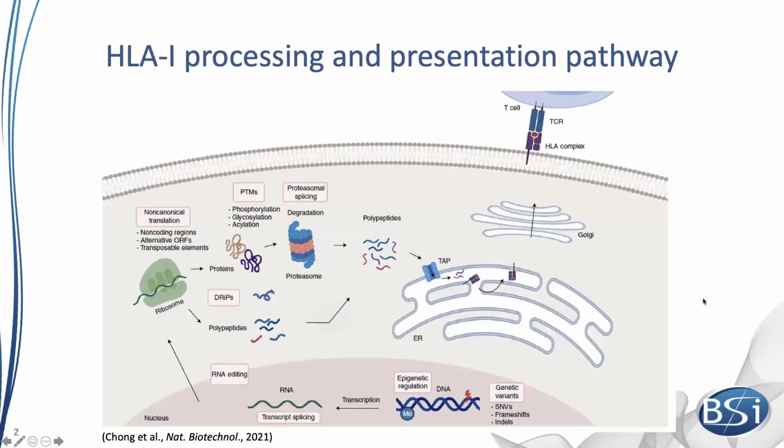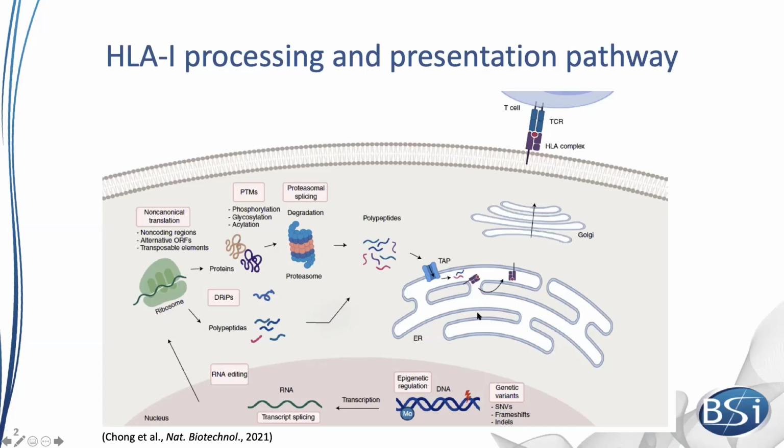Okay, so as we've heard, the study of immunopeptidomics involves identifying these immunogenic peptides displayed on the cell surface by HLA complexes. And I just want to briefly go over the processing pathways and how the peptides are derived from proteins in order to be displayed on the cell surface, because it's very important for their identification.